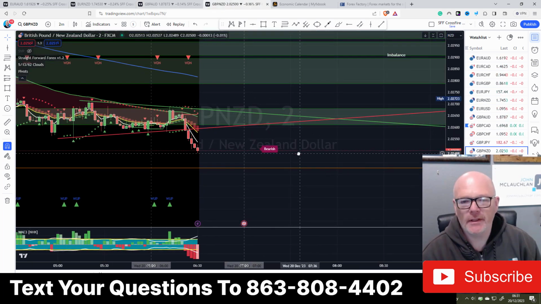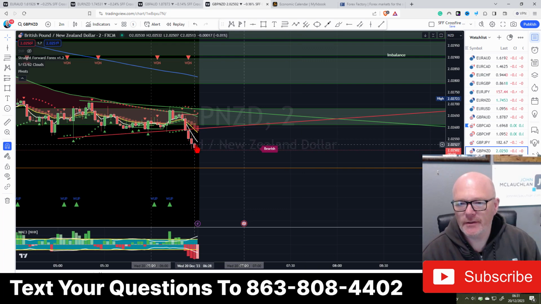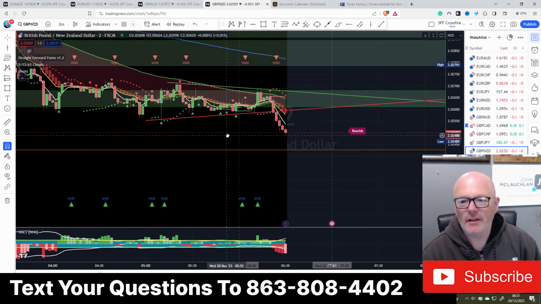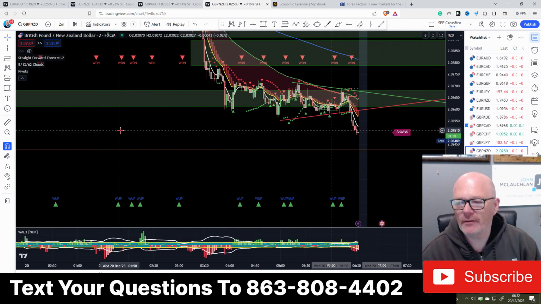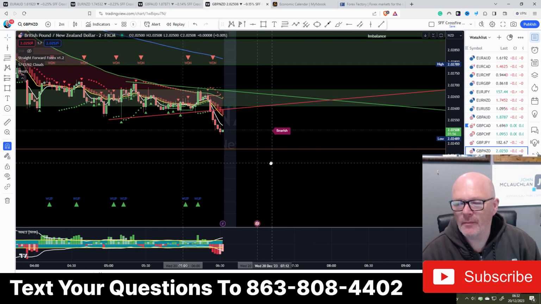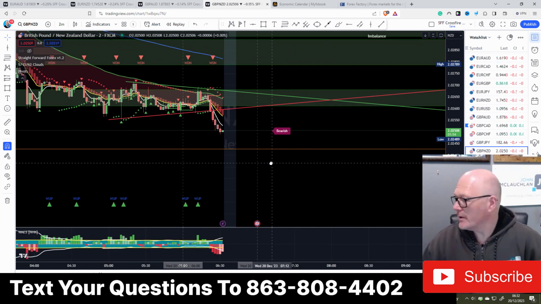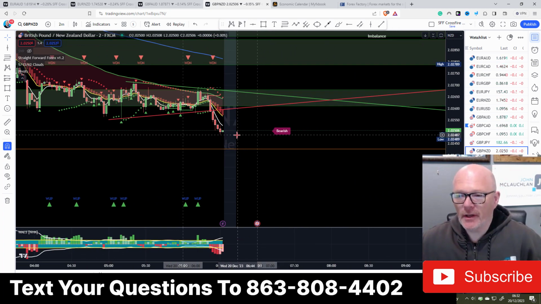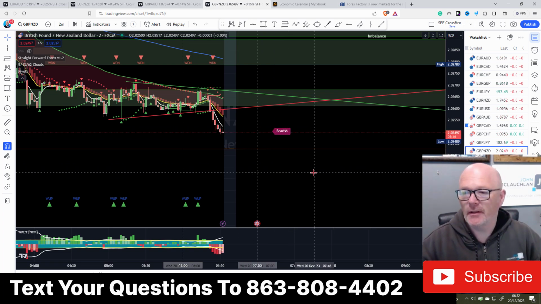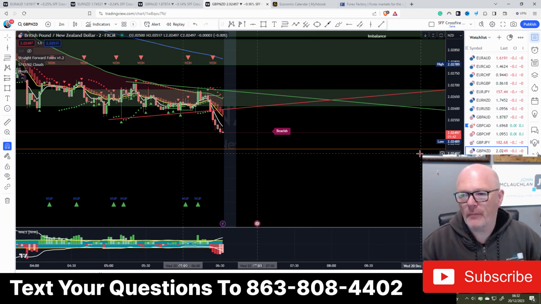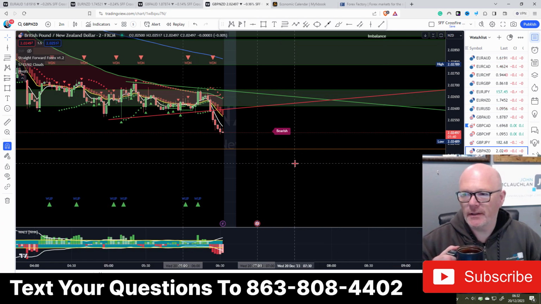Same sort of thing here on the pound New Zealand. These could be just tapping into these lower lows. As we've said before, it's presented a low since May, so it may well just want to touch those. There could be imbalance from way back in May. In fact, there probably is, and it might just want to come down and take those out before price moves to the upside.